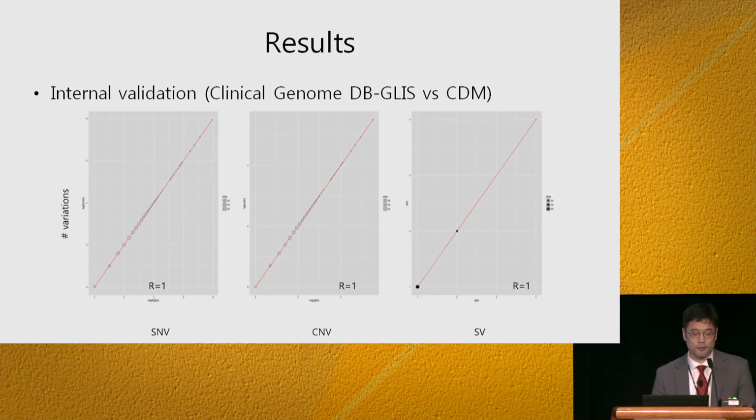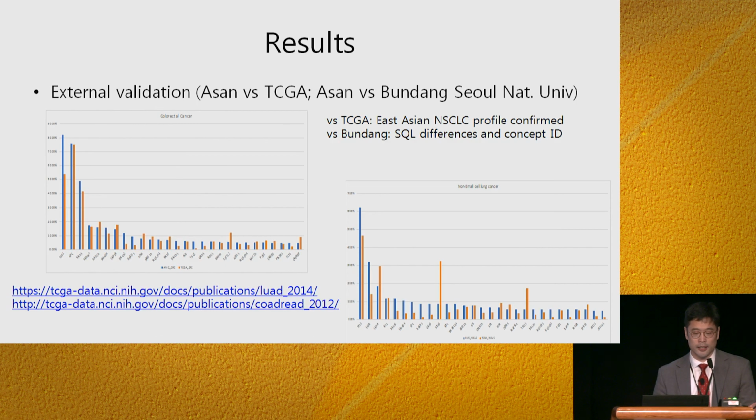This is internal validation data that shows that the genomic data captured by the CDM and our clinical database, GLIS, showed identity. For external validation, we chose two things. For TCGA, we wanted to see whether the genomic landscape was similar. The diagram on the left shows colon cancer and the right shows lung cancer.